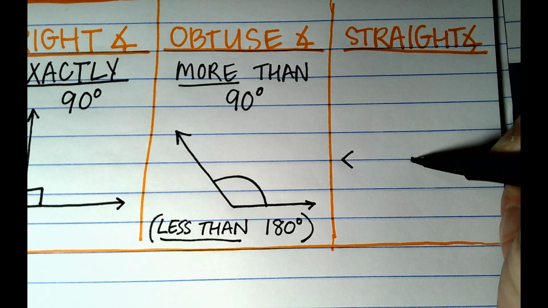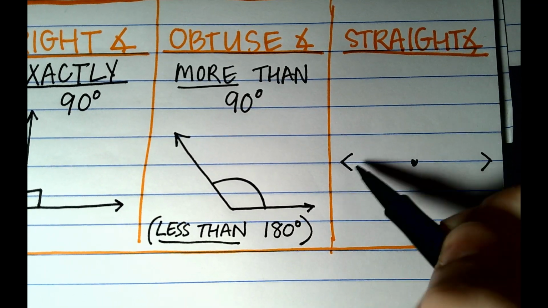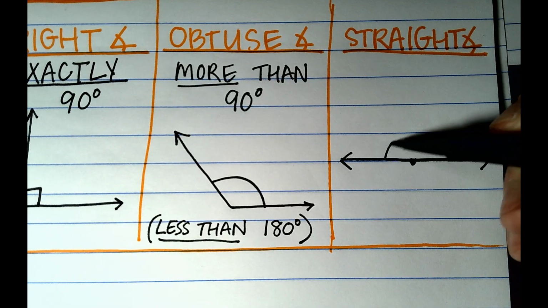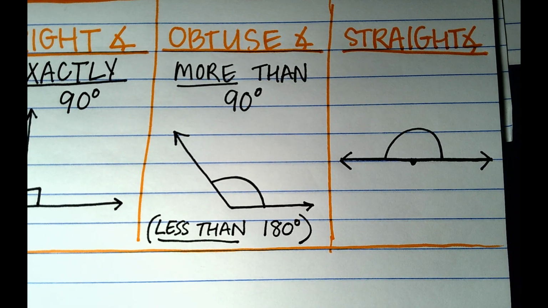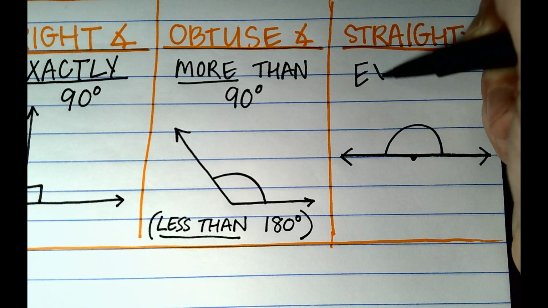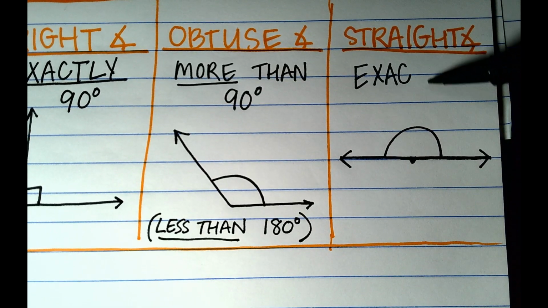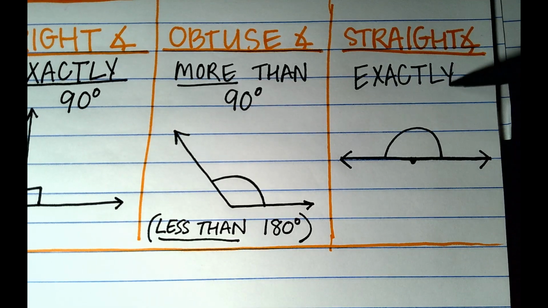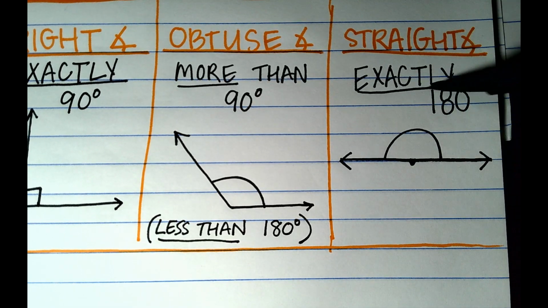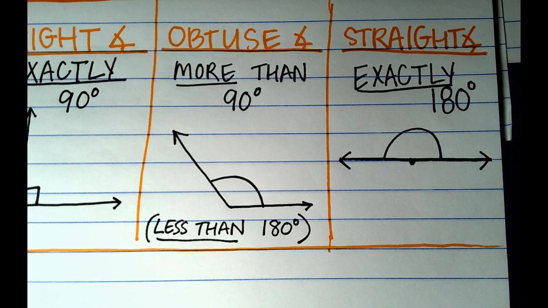A 180 degree angle is a line. A perfectly straight line. So we would say exactly 180 degrees. That's a straight angle.